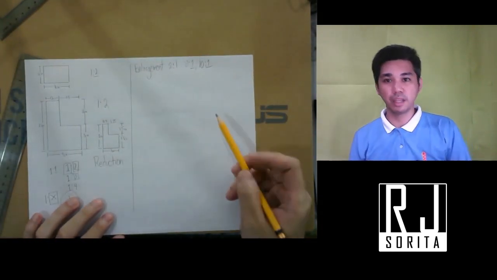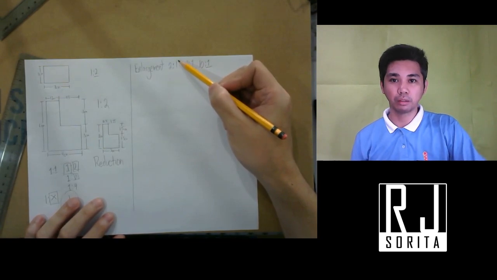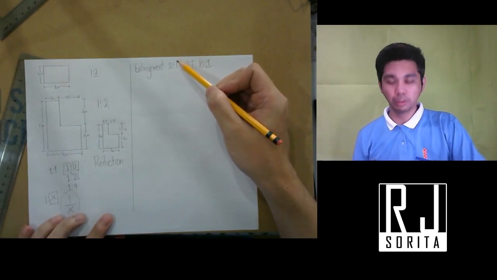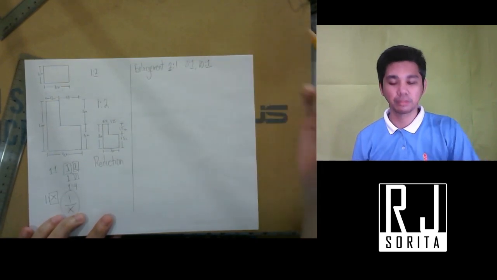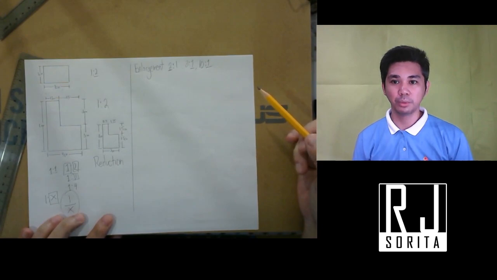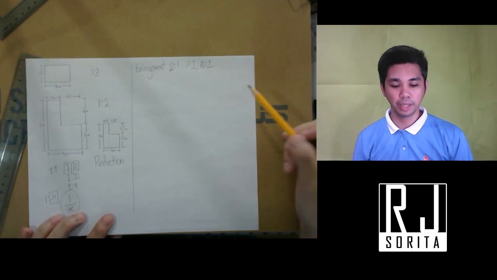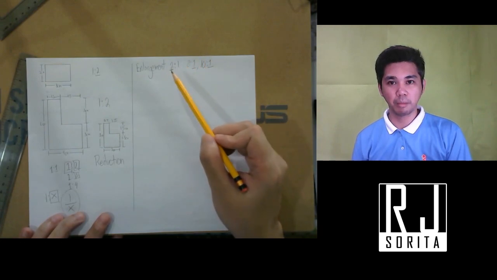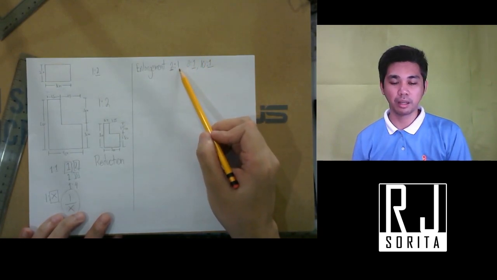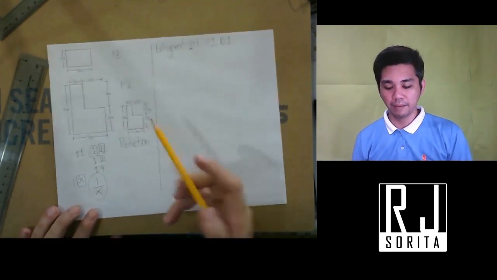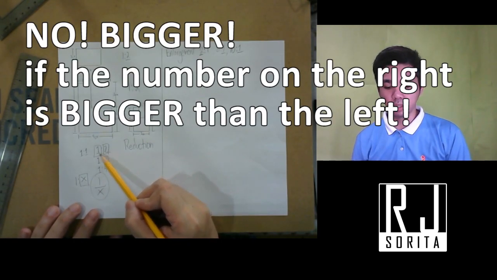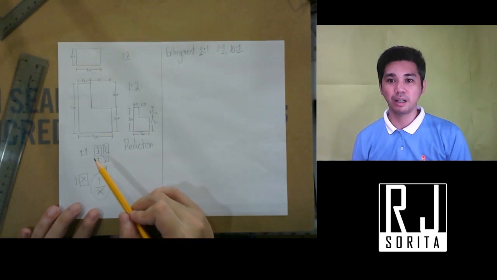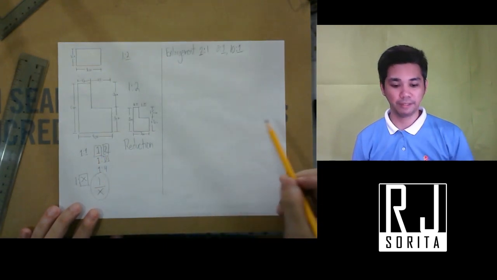The idea of this is, if you have an object, you will have to multiply the object to the corresponding value. So again, if the number on the left is bigger than the number on the right, that is enlargement. You have to multiply it. If the number on the right is smaller than the number on the left, then that is a reduction. You have to divide.